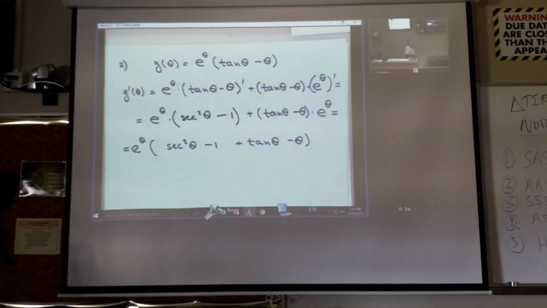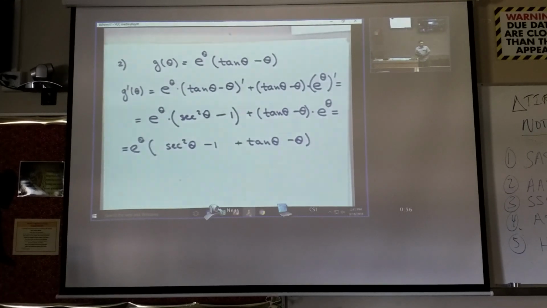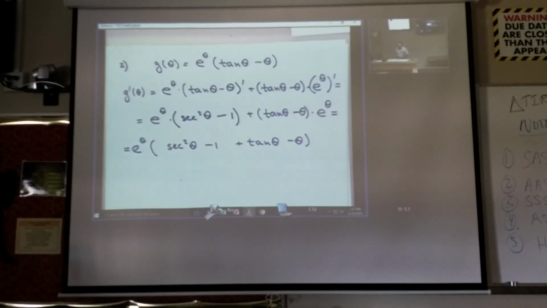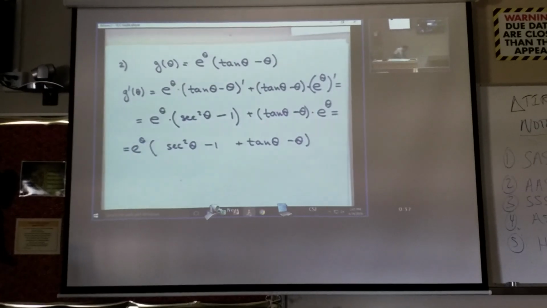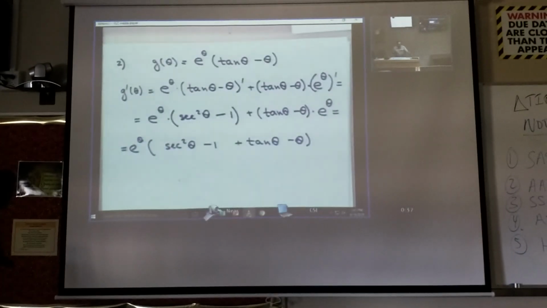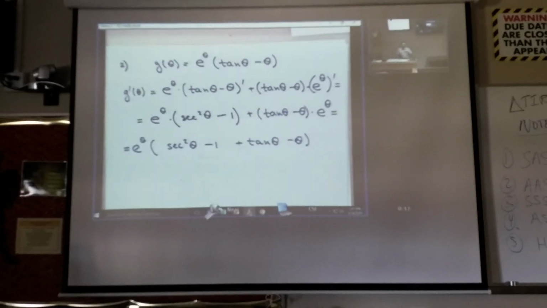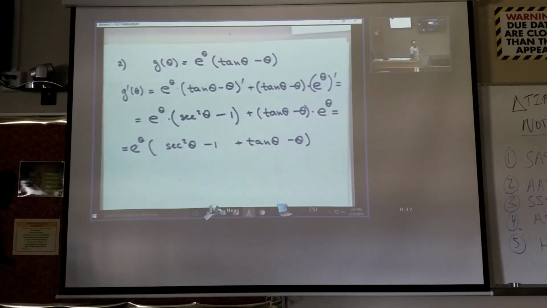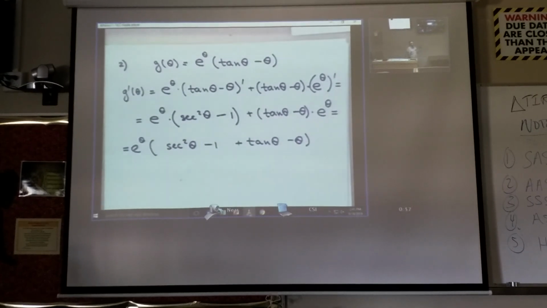Can you see any of the identities? Remember, we're talking about trig. They will come in. Secant squared minus 1 is... So something familiar, right? Secant squared of theta minus 1. Okay, good.